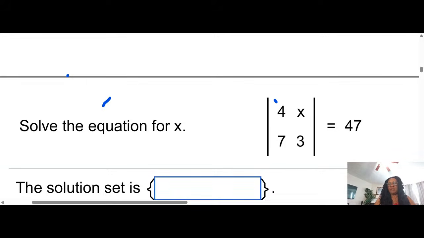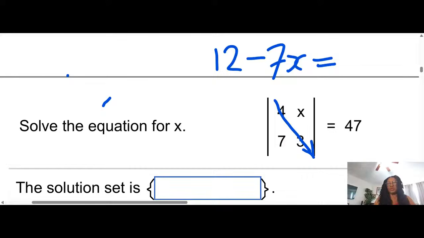Multiply 4 by 3. 4 times 3 is 12. Minus, multiply 7 by x. I have 7x is equal to the solution of the determinant as given to me, 47.